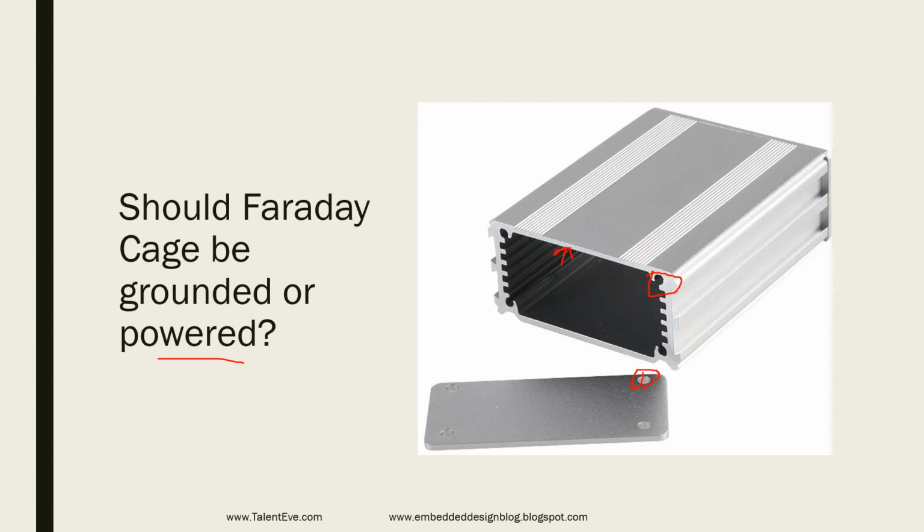So now in this scenario, you will have a path for the static charges to escape across this enclosure, and definitely this is advantageous, and there is very little chance that your circuit shall be prone to any issues.